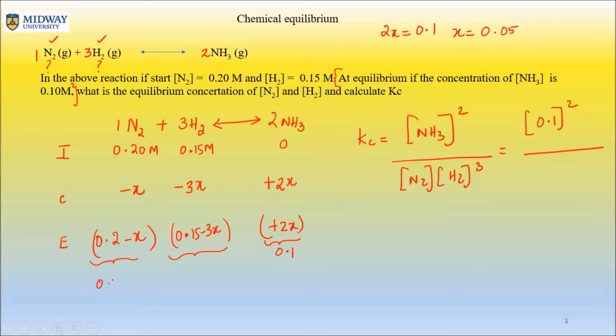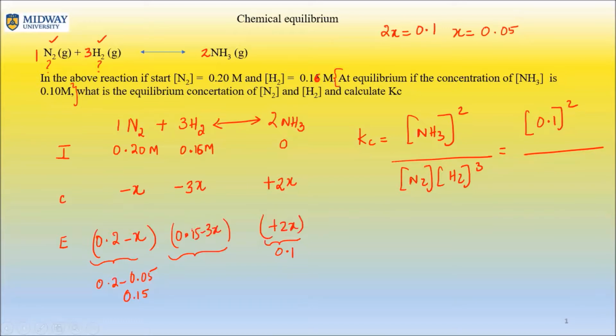Our goal now is to figure these guys out so we can put them back in the expression, right? So we know X is 0.05, right? So 0.2 minus 0.05 is 0.15. Well, you know what? Let me change this to 0.16 or something like that. Otherwise, this problem would be a 0 and it's just unnecessary issues.